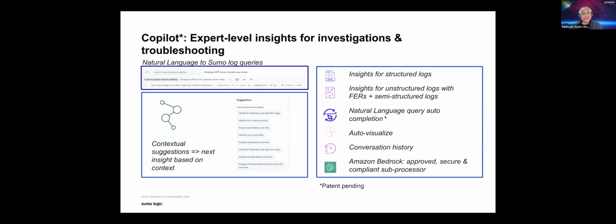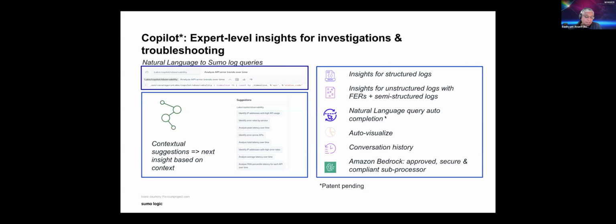The net of it is that we have had no reason to change any of our data privacy and compliance posture because we're using approved AWS technology, and we definitely see that as a leg up and differentiation for Copilot as well.